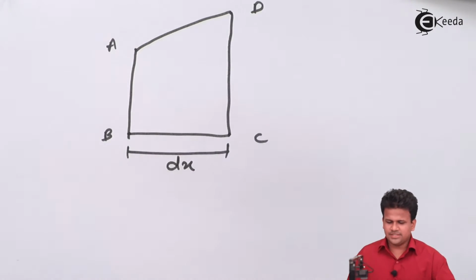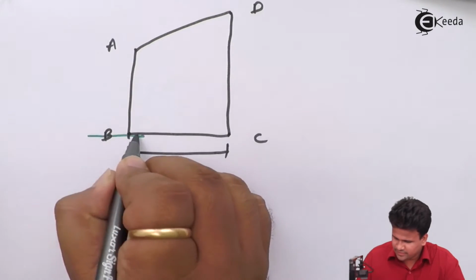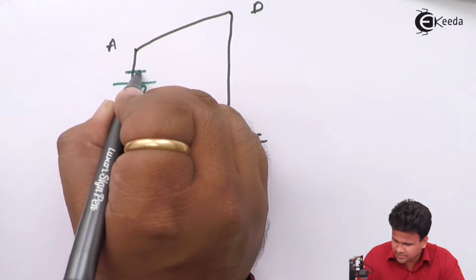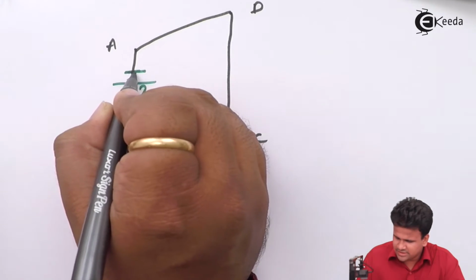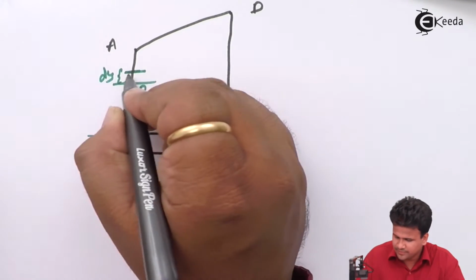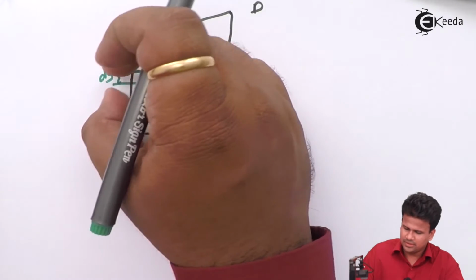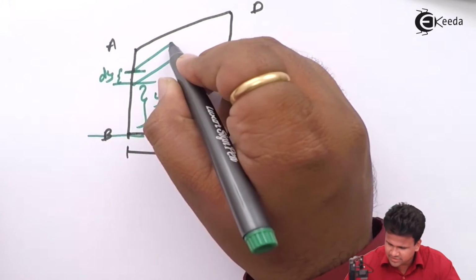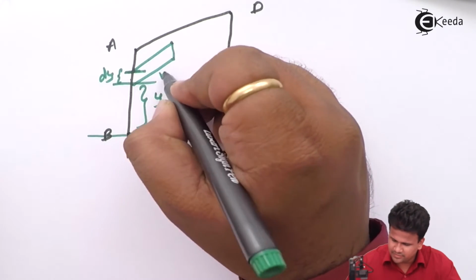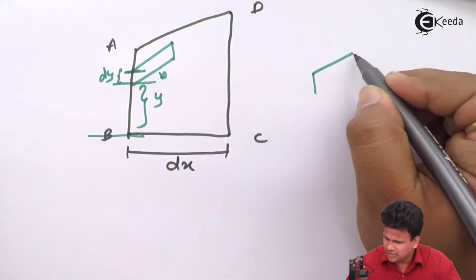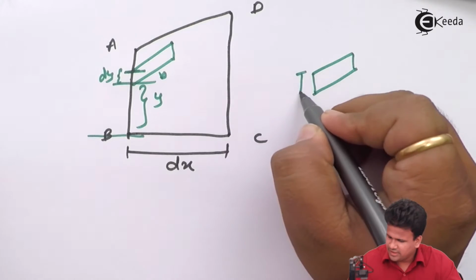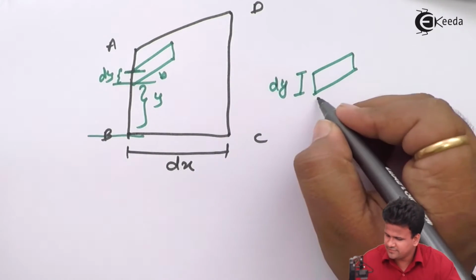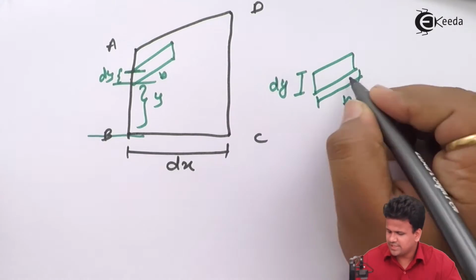So at a distance y from this point, we have taken an elemental strip. This elemental strip has a very small thickness along the y direction, but along the z direction it will have some thickness, that will be b. So in short, this strip will look something like this, having a vertical length dy and along this direction b.